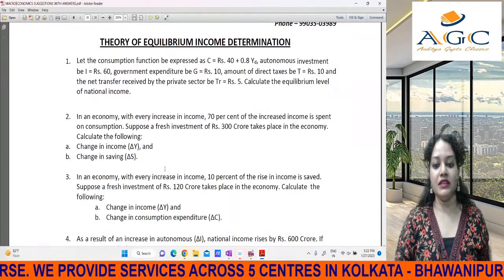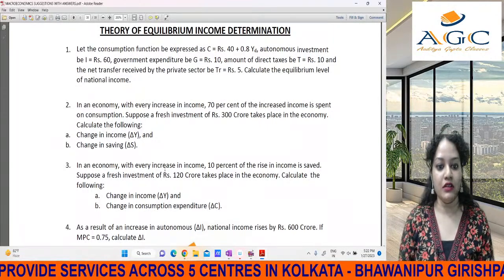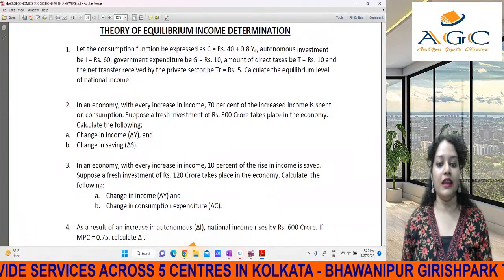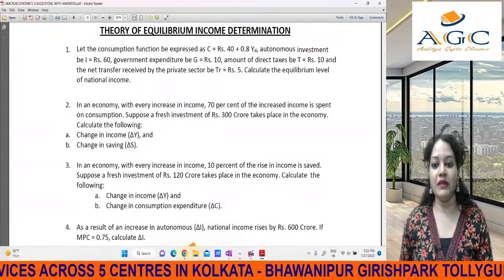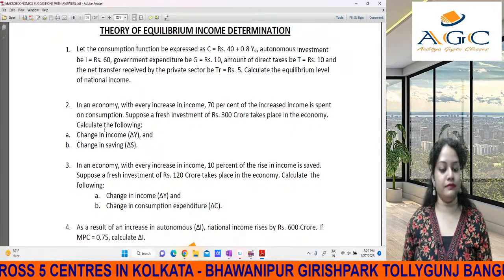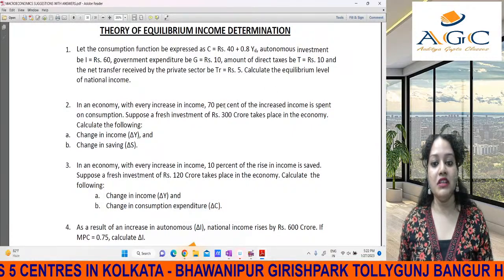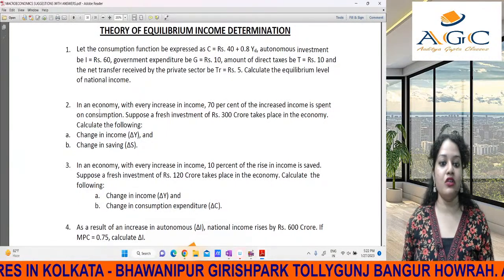Now see, this sum is different from the last one. There are three types of sum in this very chapter. Now this one: in an economy, with every increase in income, 70% of the increased income is spent on consumption. Right? What is it saying? 70% of the increased income is spent on consumption.